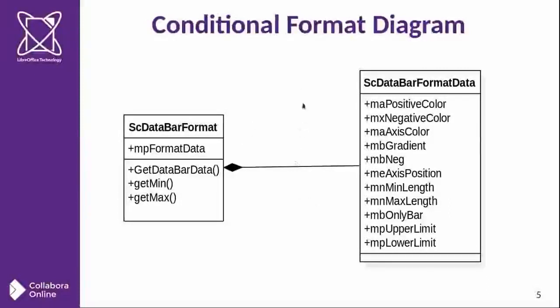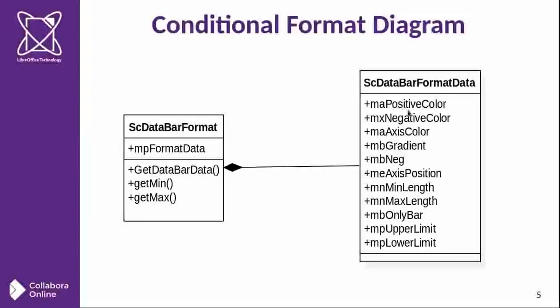As you can see in this relationship, there is a struct called DataBarFormatData. There's a relationship of composition here. I don't know why I separated this. This could be included here, but anyway, there is an actual relationship here in the memory of the LibreOffice core process.